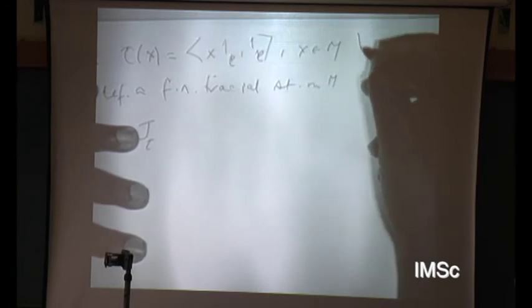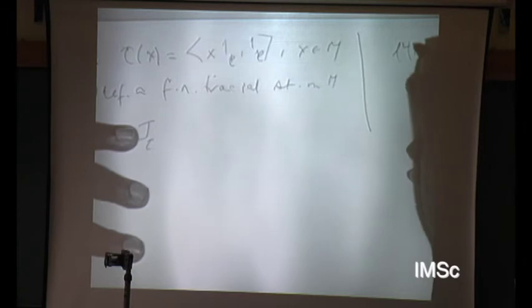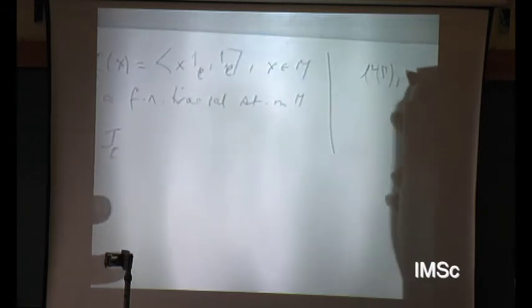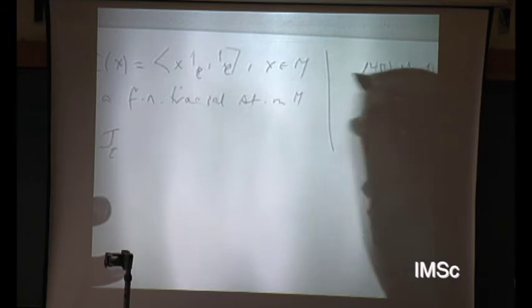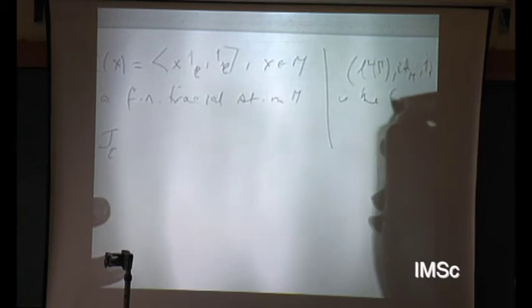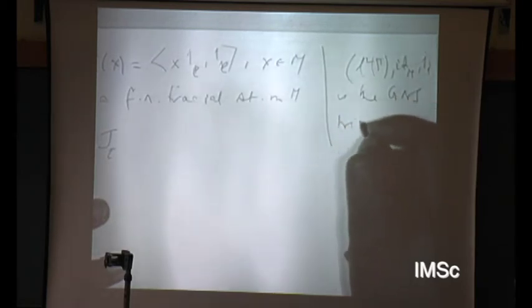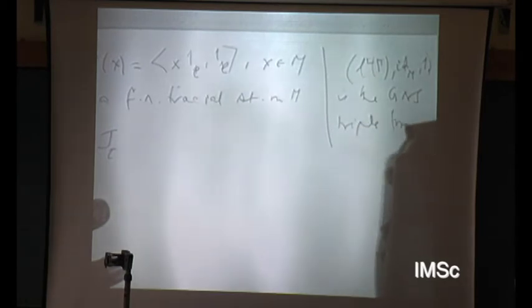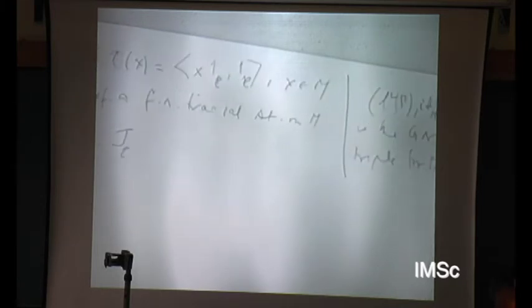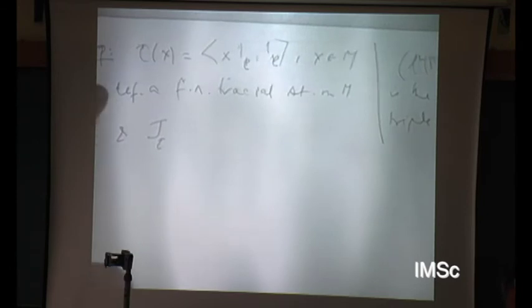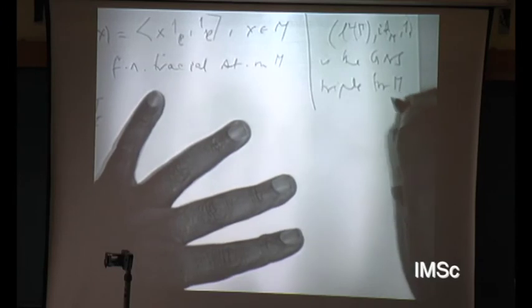What I'm trying to say is that L2 gamma with 1 sub 1 is the GNS triple for M, for this tau.